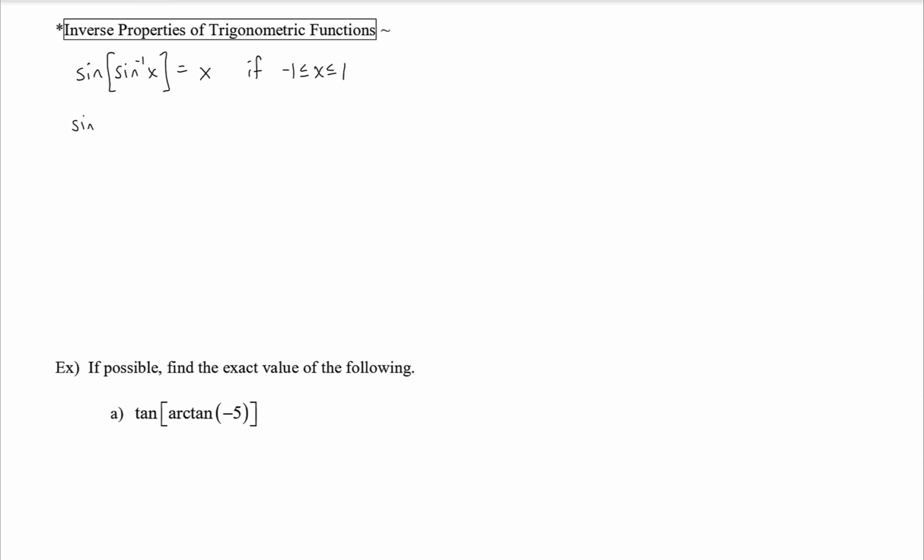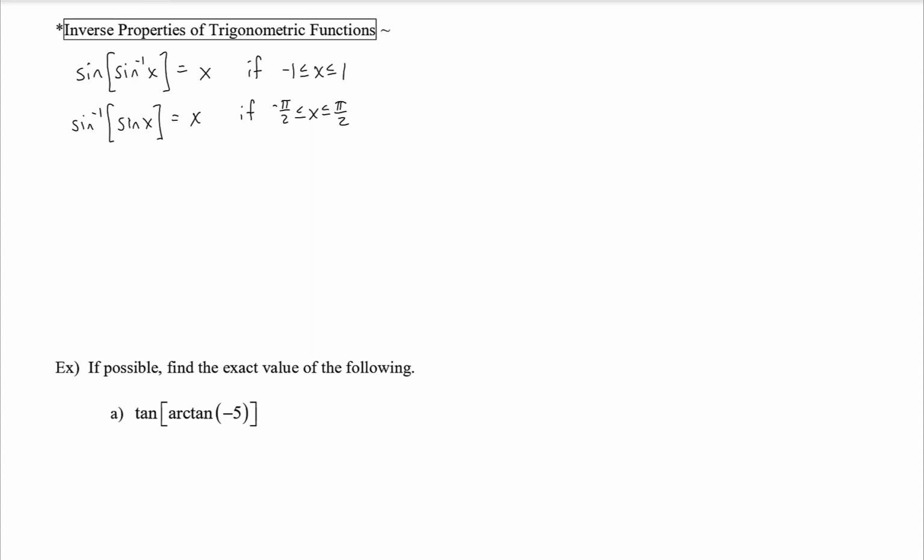If I reverse it, and let's say I input sine of x to its inverse, they should negate each other and give me back x. But we got to be careful. That's only going to be true if x is between -pi/2 and pi/2, because we restricted regular sine so that its inverse only outputs -pi/2 to pi/2.